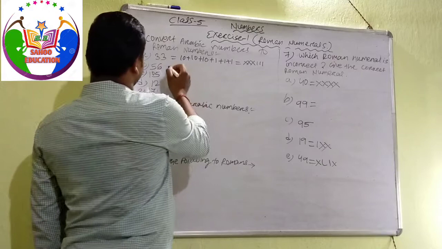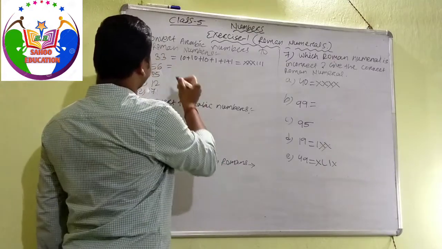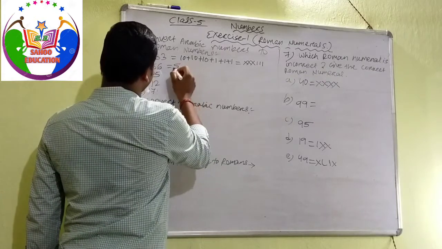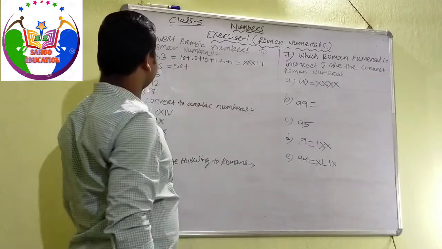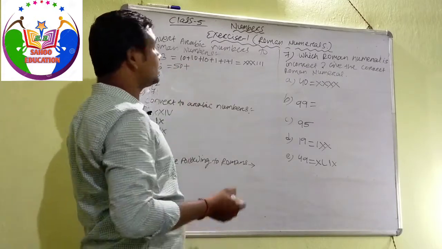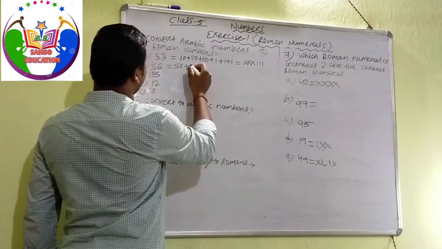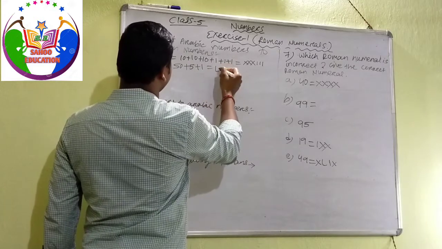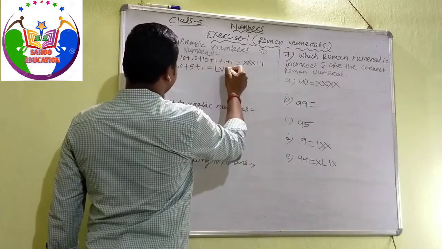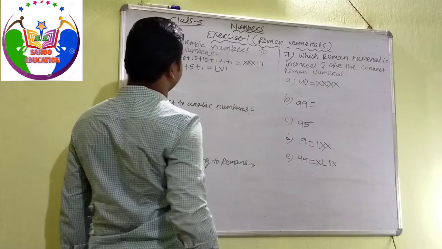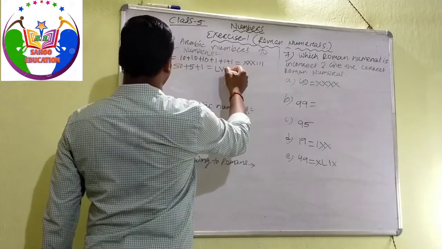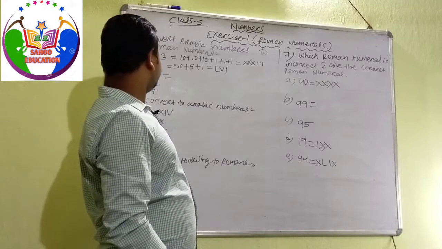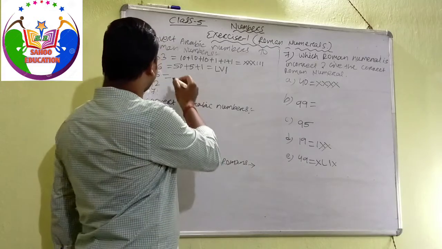Okay. Next is 56. 56 can be split as 50 plus 6, again can be split as 5 plus 1. So you know 50 is for L, 5 for V and 1 is for I. Okay. Now come to next number C. Here given 105.